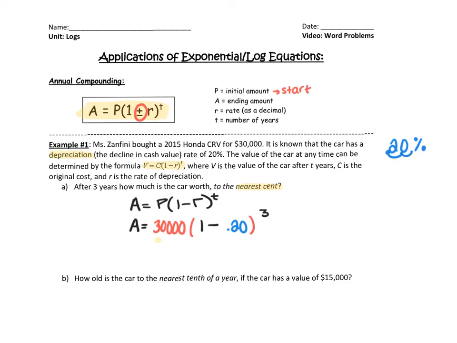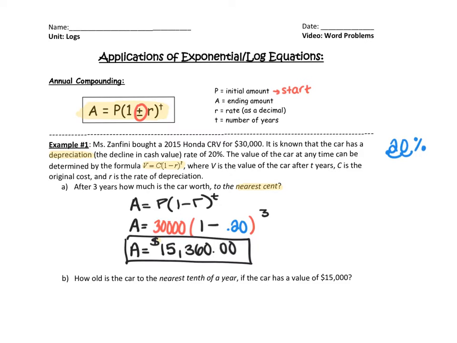Okay, so you should have gotten a nice whole number here. So after 3 years, the car should be worth $15,360.00. Since it says round to the nearest cent, you really should go those 2 decimal places. So this would be your final answer. Now, that should make sense, right?